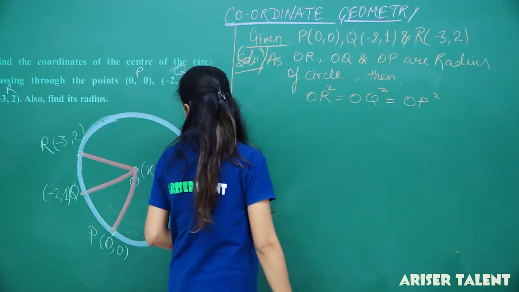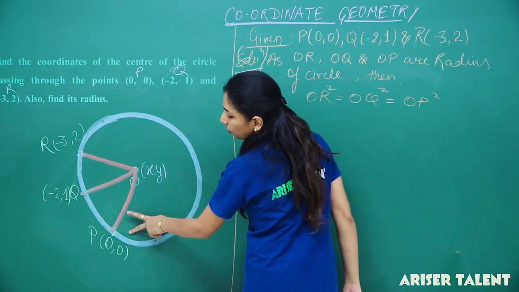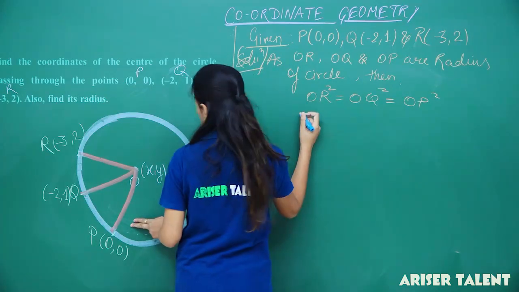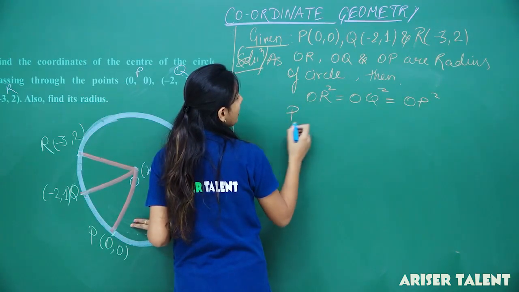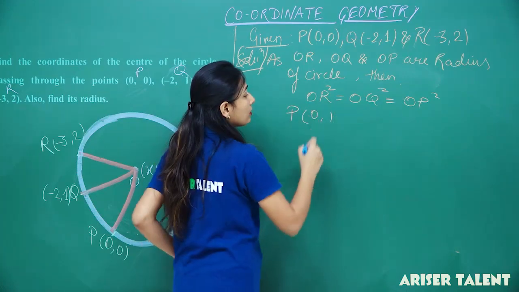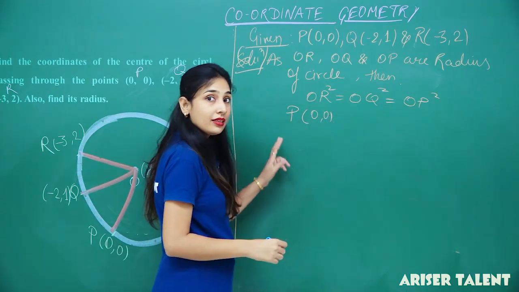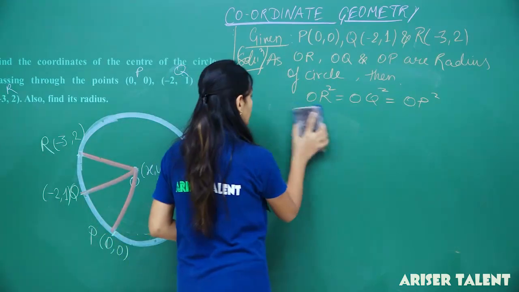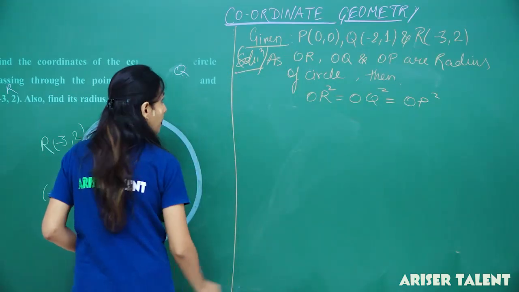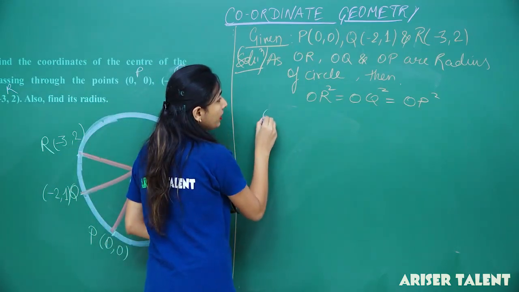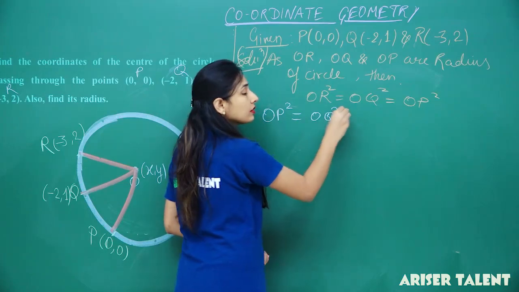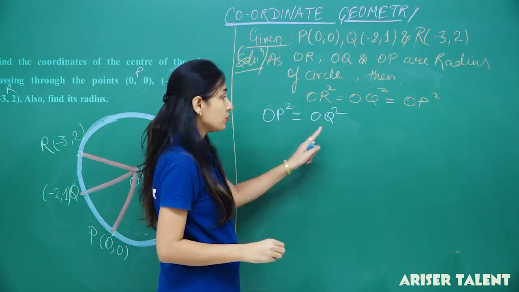Now, look carefully at O and P. P is 0, 0, right? So OP square equals OQ square.